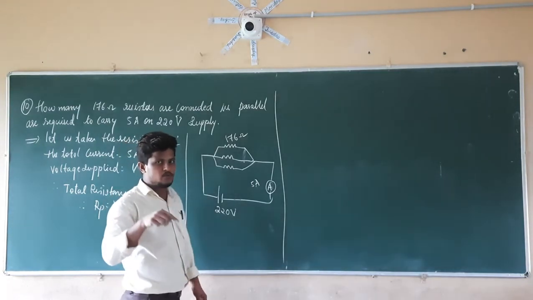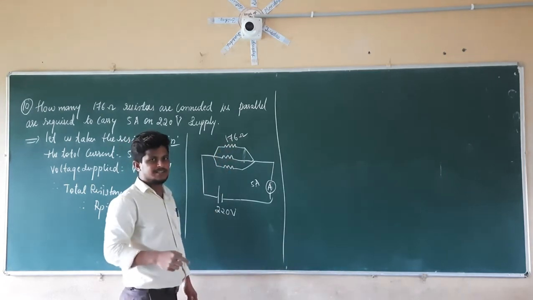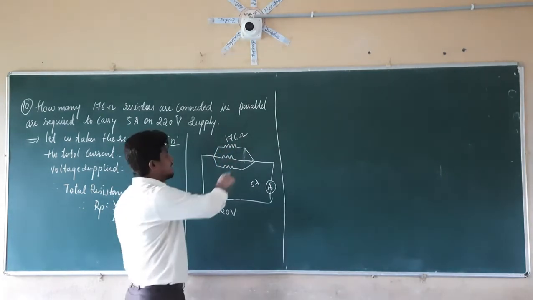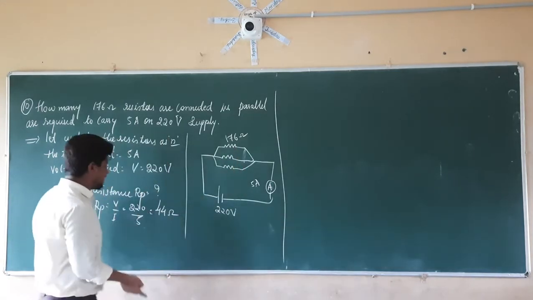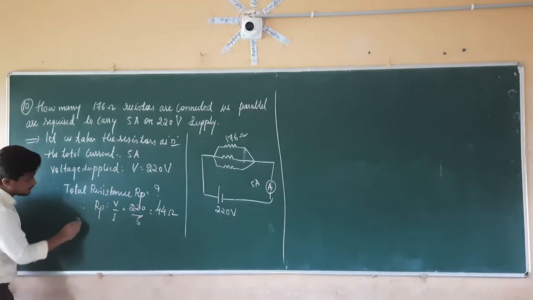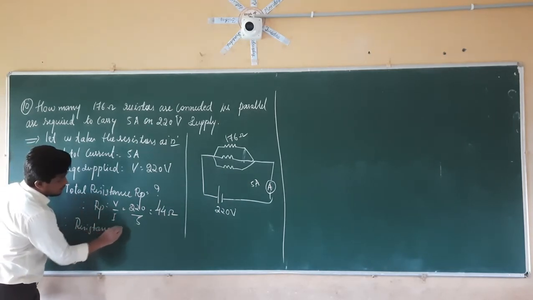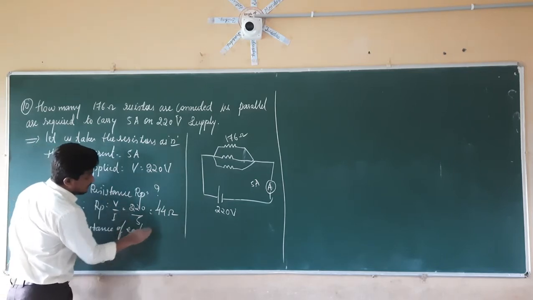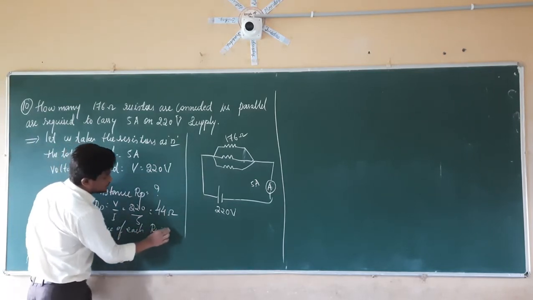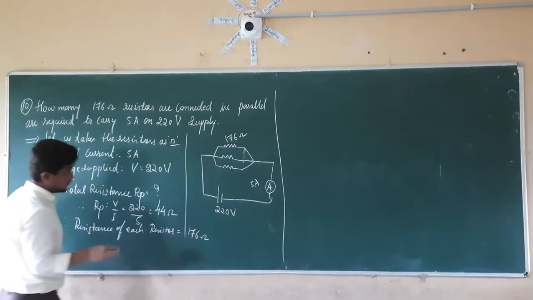So next, we have to calculate the number of resistors having the resistance of 176 ohms which give the total resistance as 44 ohms. Therefore, the resistance of each resistor is equal to 176 ohms.